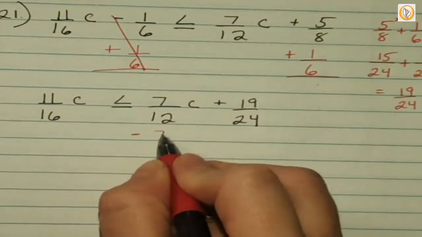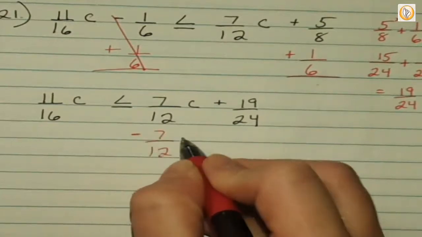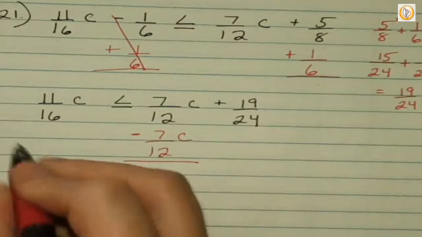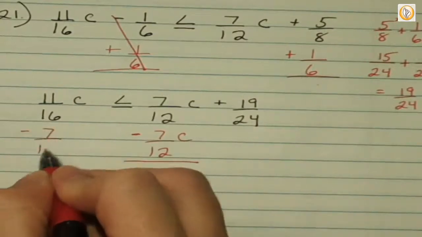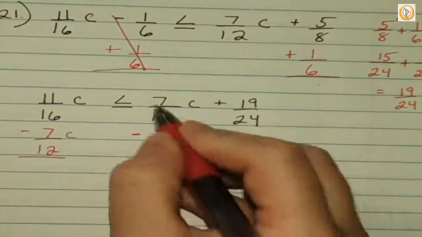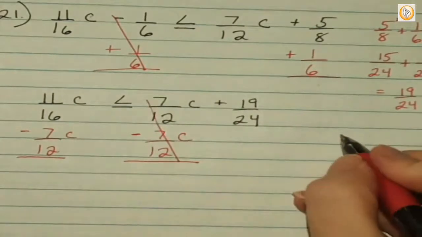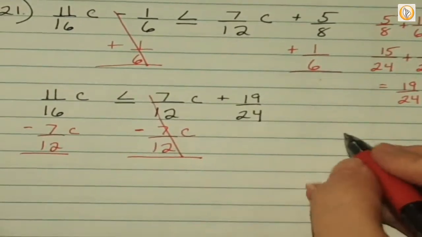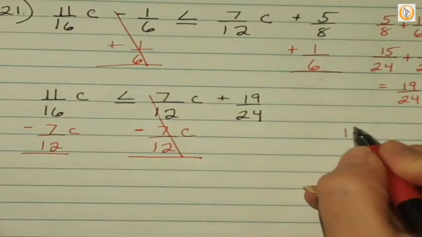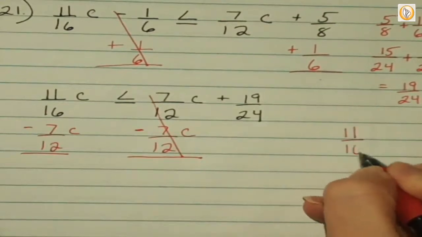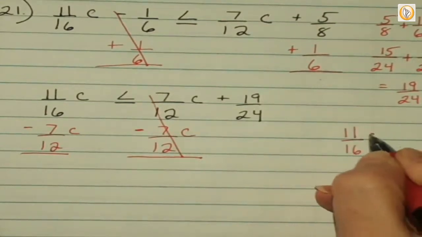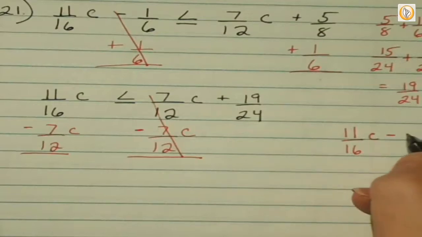All right, I'm going to subtract because I'm moving this whole term on both sides. And again, I'm going to come over here and I have 11 over 16c minus 7 over 12c.